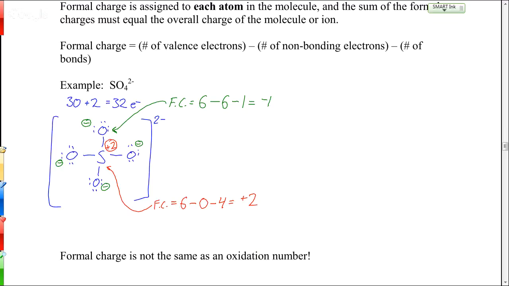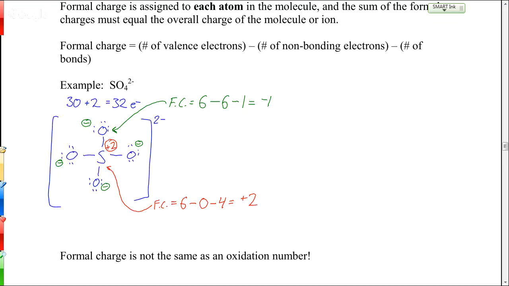So how could we draw a different resonance form for this ion? Yeah, we could put double bonds between the oxygen and the sulfur, because sulfur is in the 3rd row, which means it's fine with having more than an octet.